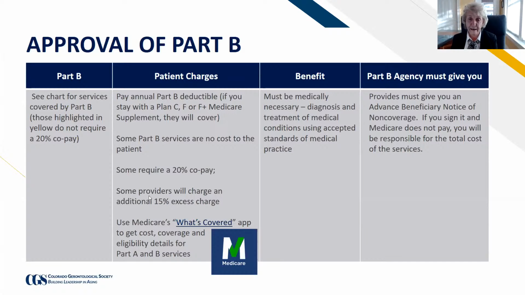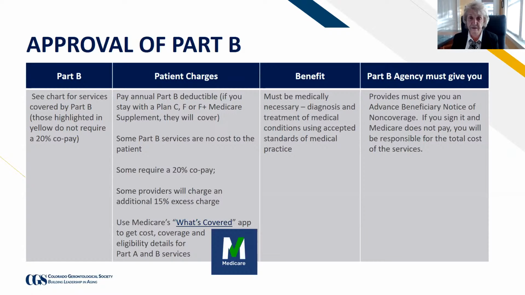We have a new app that Medicare launched about a year ago called What's Covered, and it looks like this. You can download it onto your phone, either your iPhone, your iPad, or your Android phone, and it will give you information on cost and coverage and eligibility for Part A and B services.